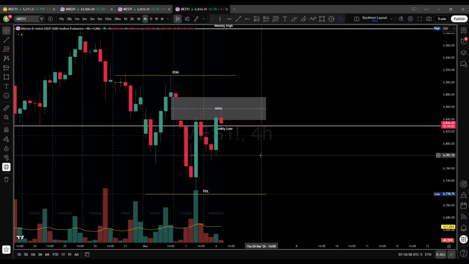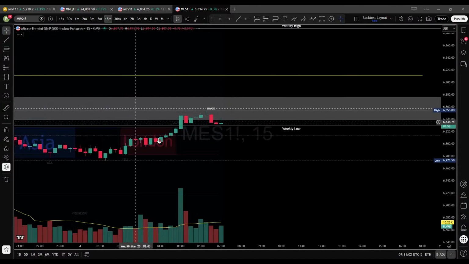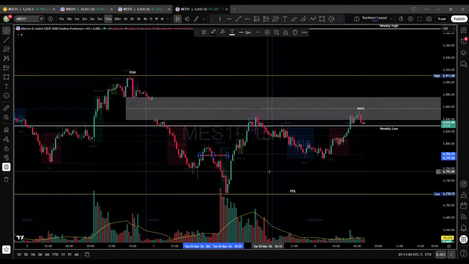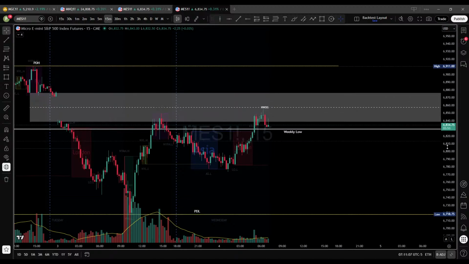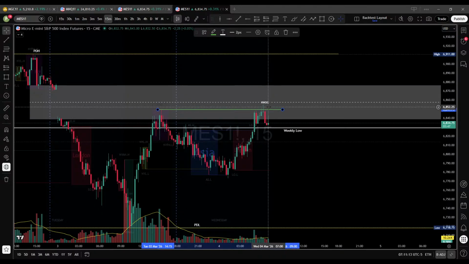Okay, so let's quickly start analyzing. Let's move to a 15-minute time frame. Both have taken New York PM session high. There's no candle closing above this one. Price can still continue to move up higher.